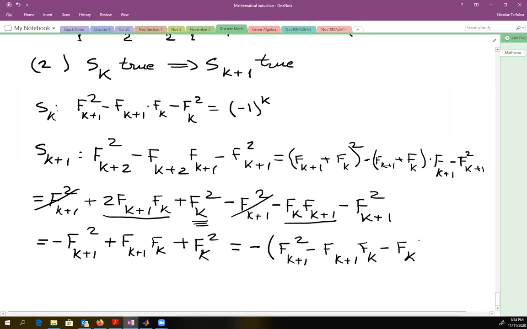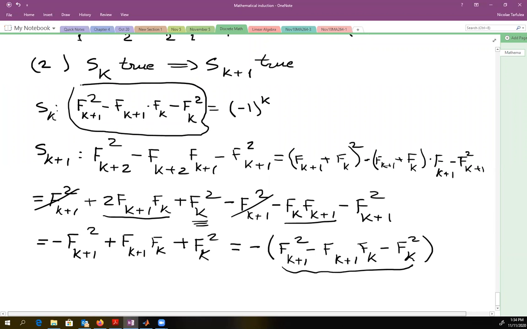This is beautiful, right? Because you recognize that this is the thing that enters in the statement of Sk. This is the left-hand side of this equality. Of course, we know that this is negative 1 to the k. And so this equals negative 1 times negative 1 to the k, which is just negative 1 to the k plus 1, and we are done. So this implies Sk plus 1 true.